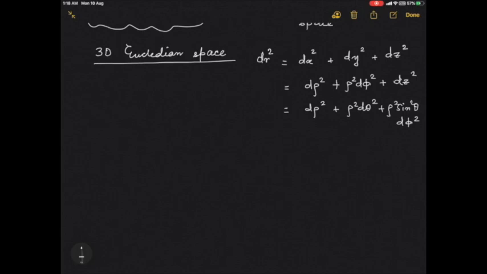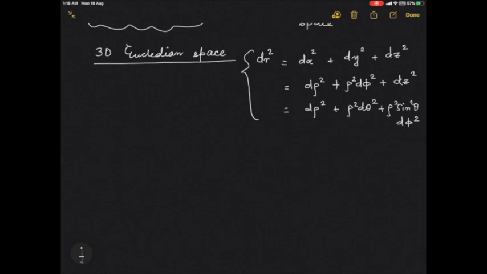For all these three cases, the space that I am considering is 3D Euclidean space. I cannot tell you a lot more about the property of the space, but that's what I mean when I say 3D Euclidean space: the distance, or these are often called the metric functions, are written this way.